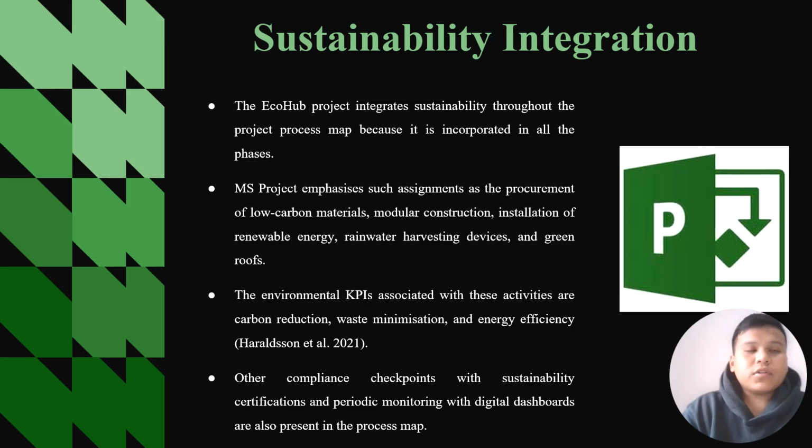Environmentally, we use recycled timber and geopolymer concrete, and it emphasizes low carbon materials, modular constructions, and the installations of renewable energy like rainwater harvesting and green roofs. Other compliance checkpoints with sustainability certification and periodic monitoring with a digital dashboard are also present in the process map.